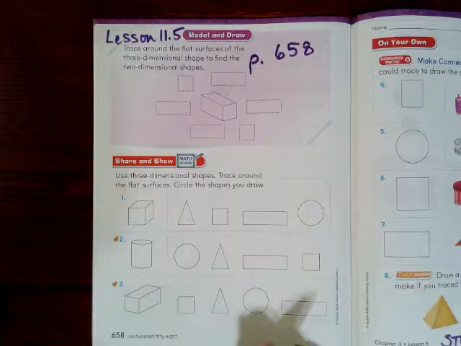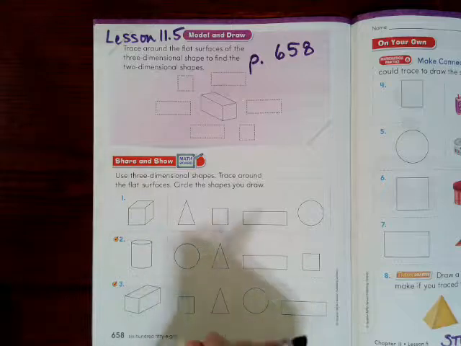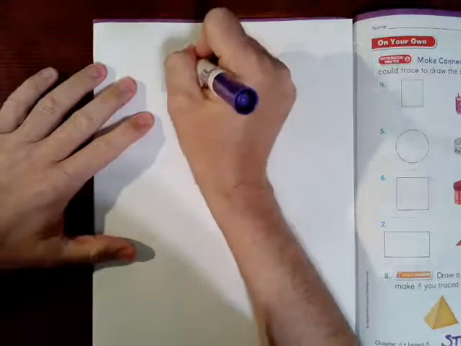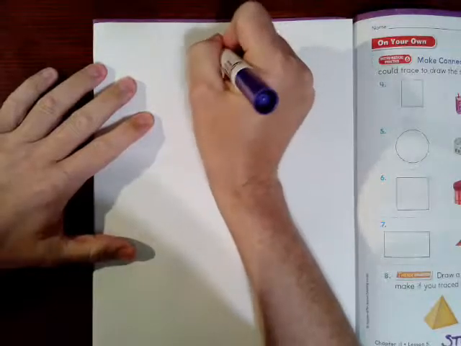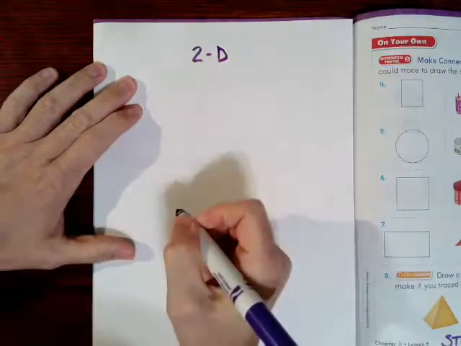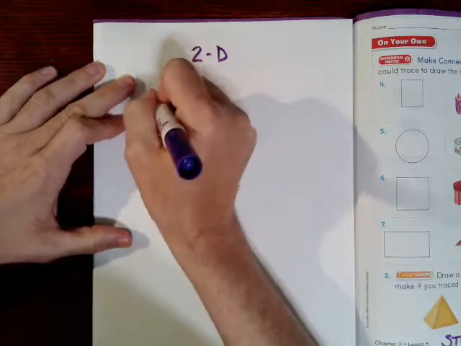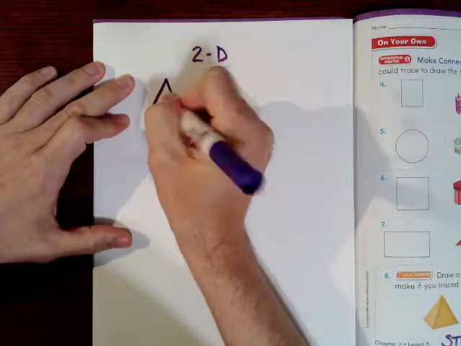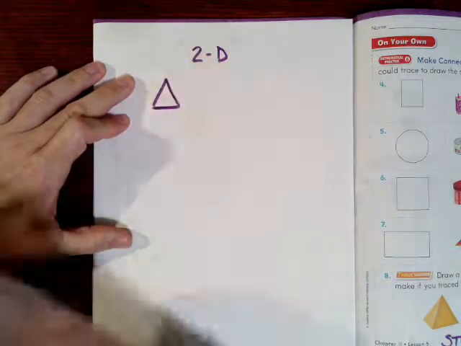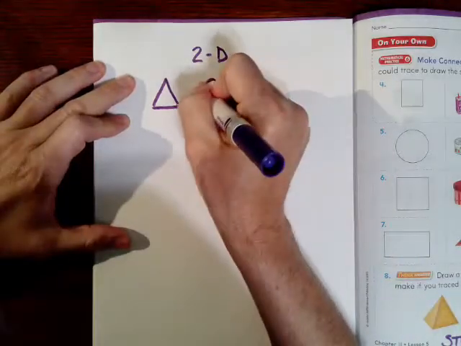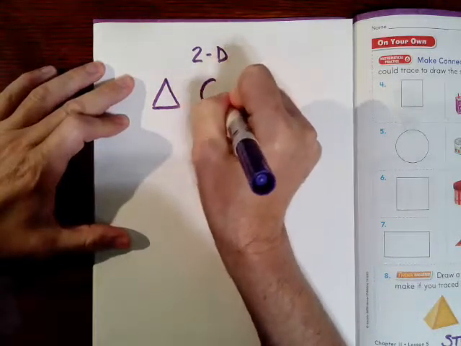Now, two-dimensional shapes are shapes that are flat, and we've seen two-dimensional shapes before. They are sometimes called 2D, and they're very flat shapes. So it could be, you know what shape that is. That's a triangle. It might be, what's that?